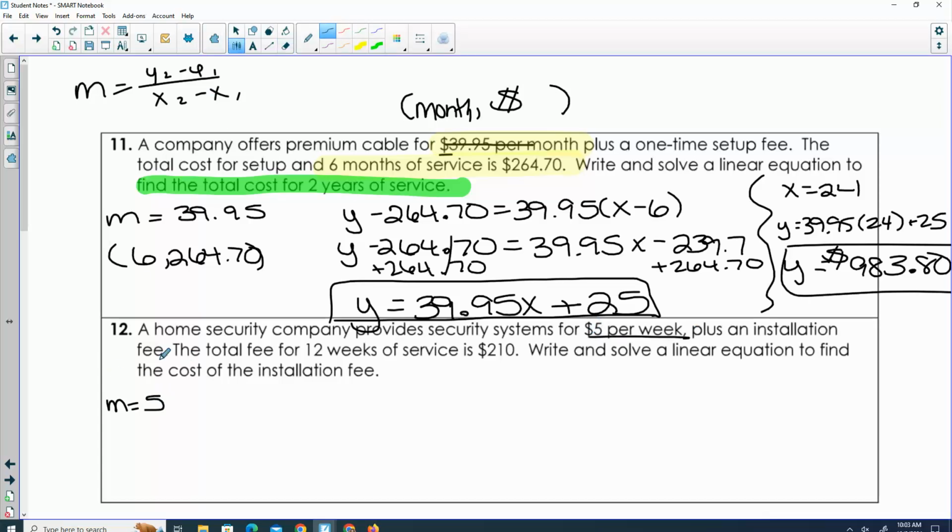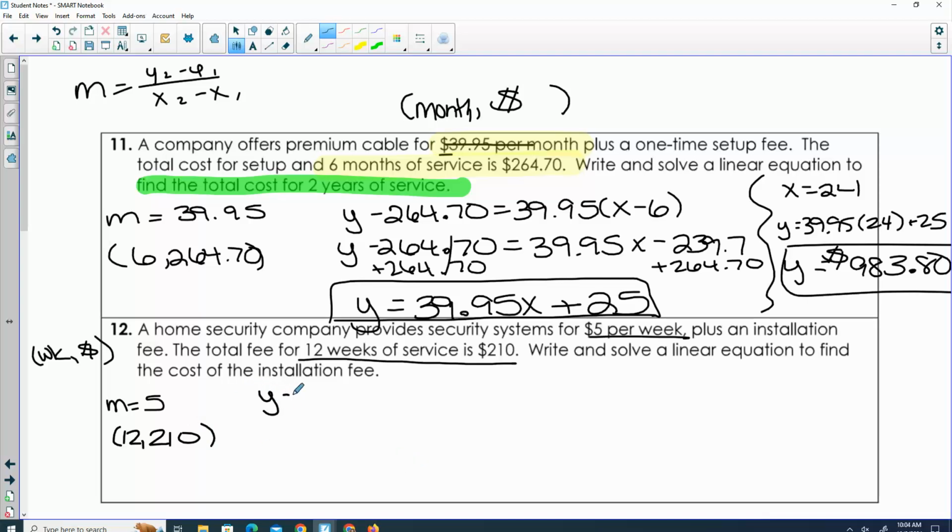So this was dollars per week, so my X is the week, my Y is my dollars. So the total fee for 12 weeks, so when my X is 12, my dollar amount was $210.